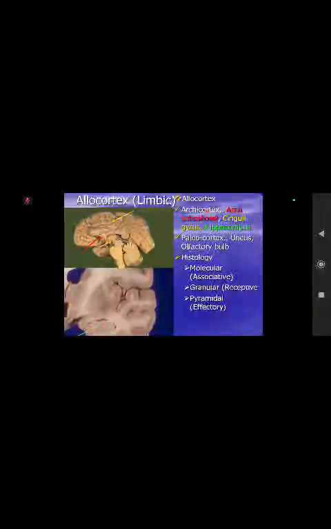For the histological part of it, we think about the molecular layer. Outermost is the molecular layer comprising mainly glial cells and synaptic contacts. So it's more of an association layer, where we have a lot of synapses. Then the granular layer, which is a receptive area, or the pyramidal layer, either granular or pyramidal layer. Now, in the case of the hippocampus, we have a molecular layer, then we have a pyramidal layer.